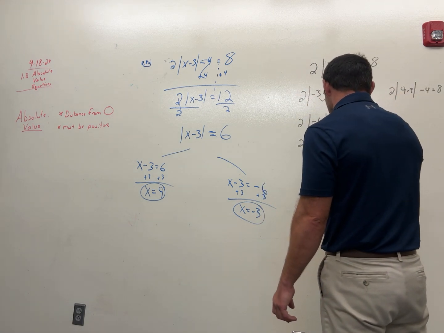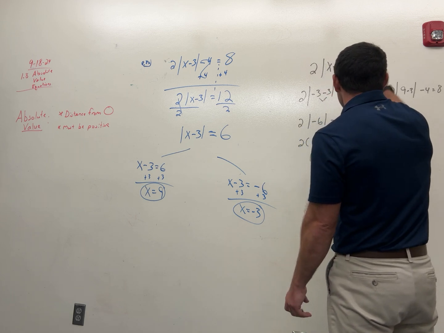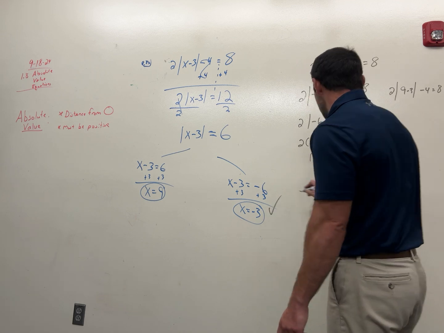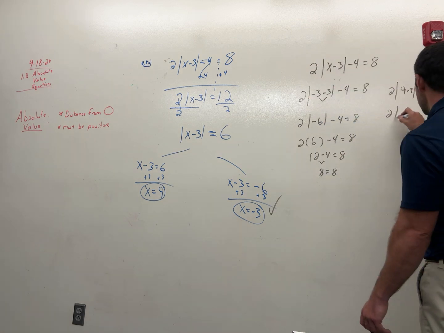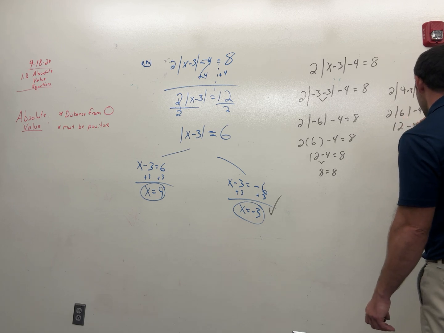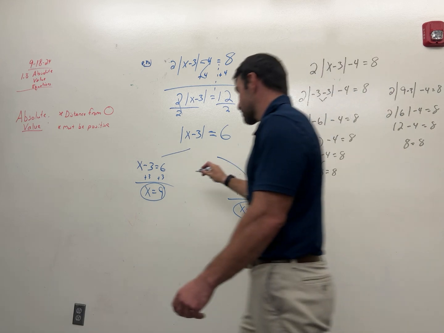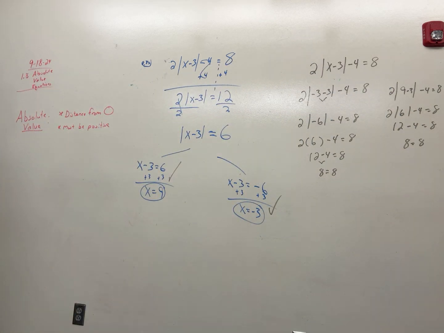That's 12 minus 4, which equals 8. 8 equals 8. Woo woo! So this one works out. This one is 2, 6 minus 4 equals 8. That's 12 minus 4 equals 8. That's 8 equals 8. Woo woo! 9 works. Okay.